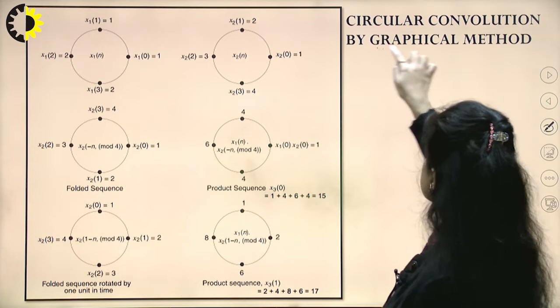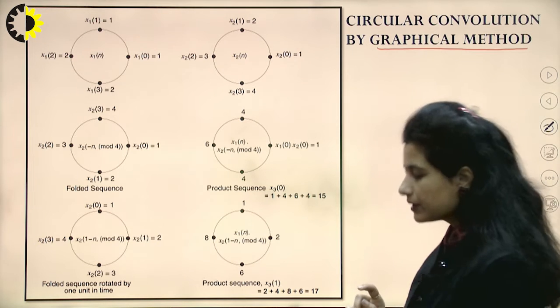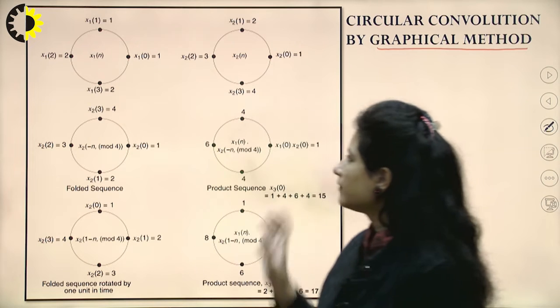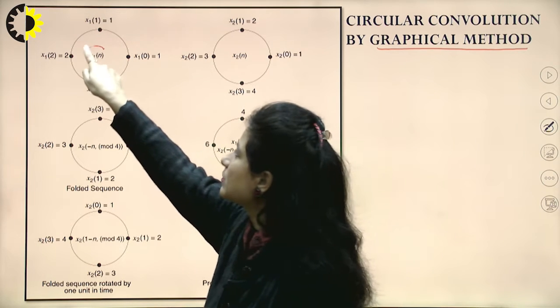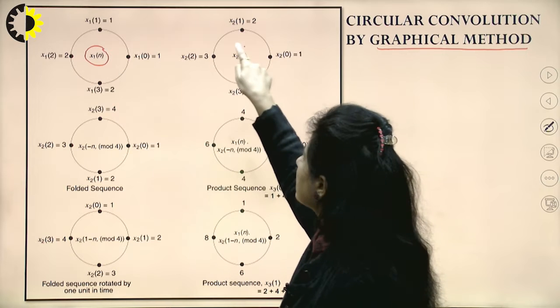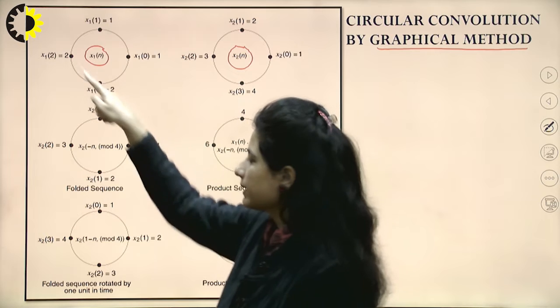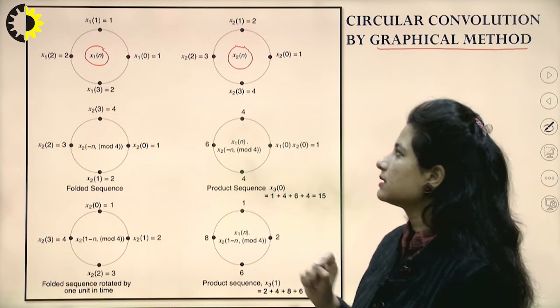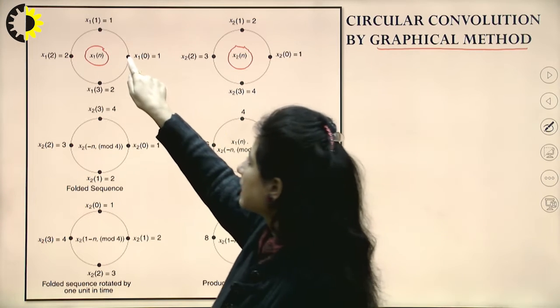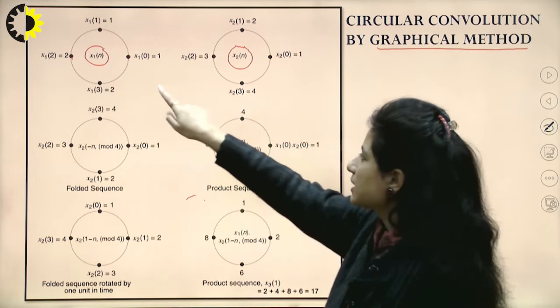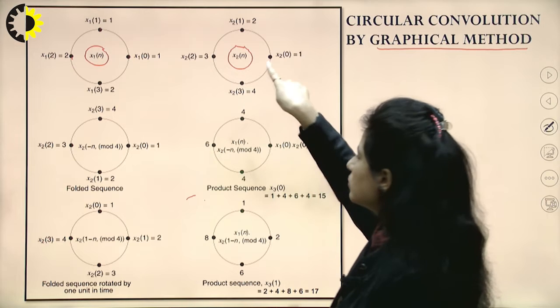Another method is the graphical method. In the graphical method, I have to create two different circles, one for sequence x1(n), another for sequence x2(n), and plot these points at equal distance. If I have 4 samples, I make 4 points for the x1(n) sequence and 4 points for the x2 sequence.